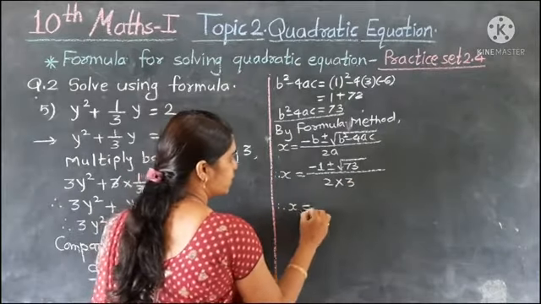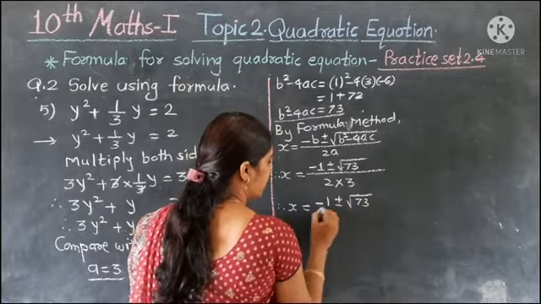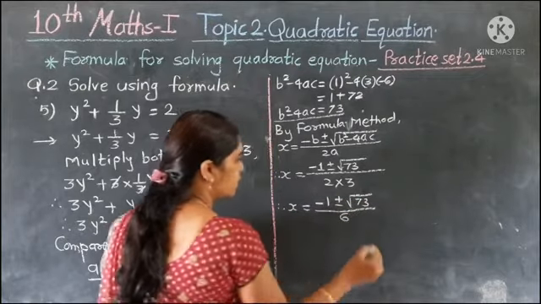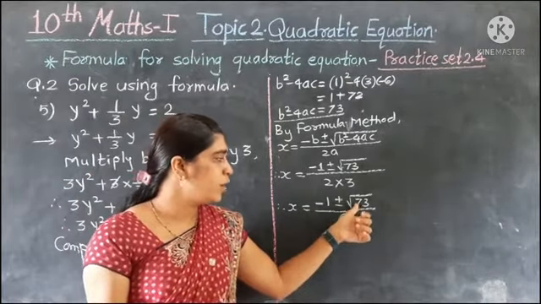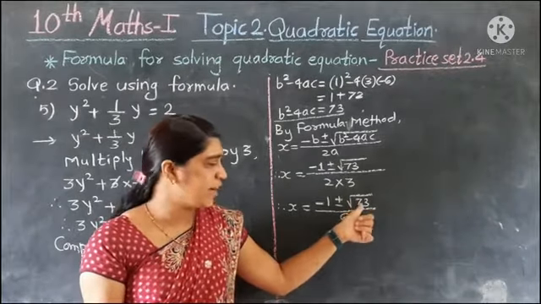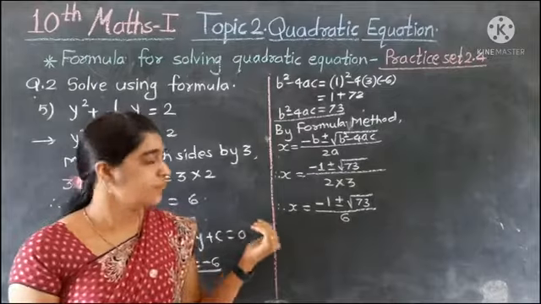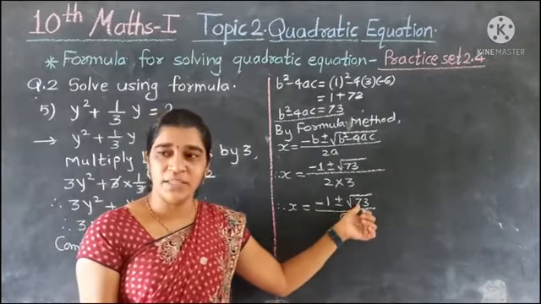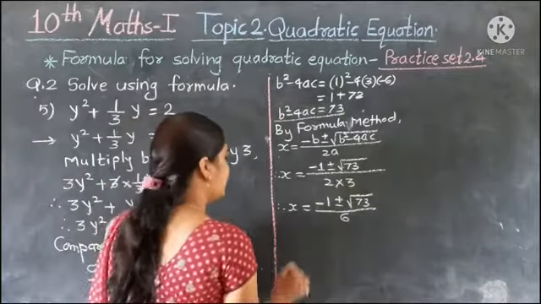So we get x is equal to minus 1 plus or minus root 73 upon 6. Now students, observe here, we cannot find the square root of 73, or we cannot factorize this such that one of the square roots will be outside. 73 is a prime number, so we cannot factorize this. So write it as it is.